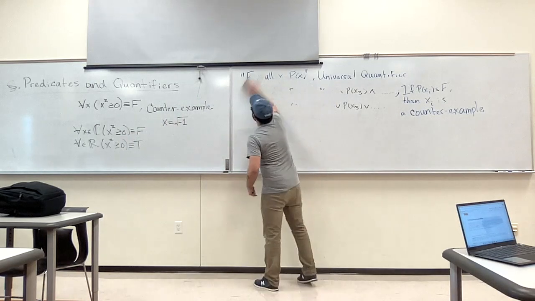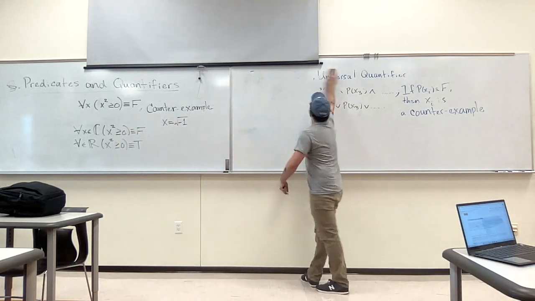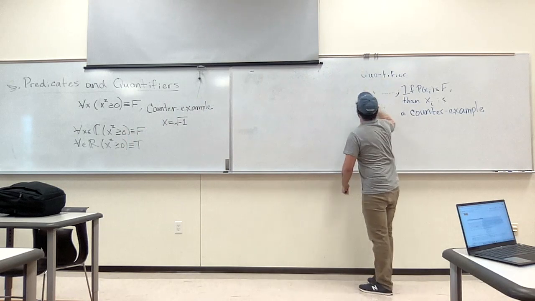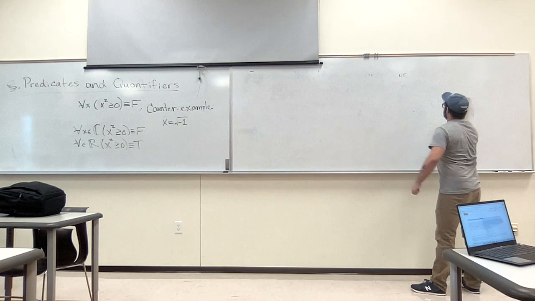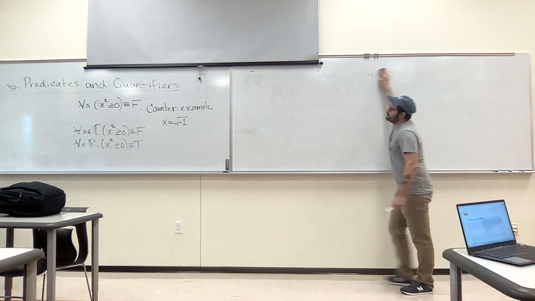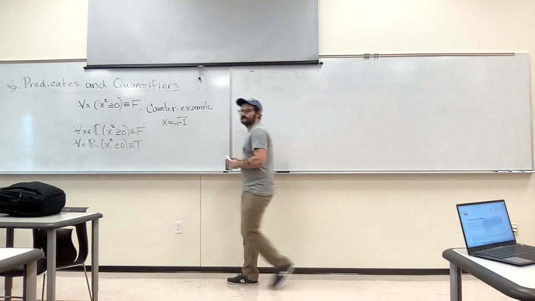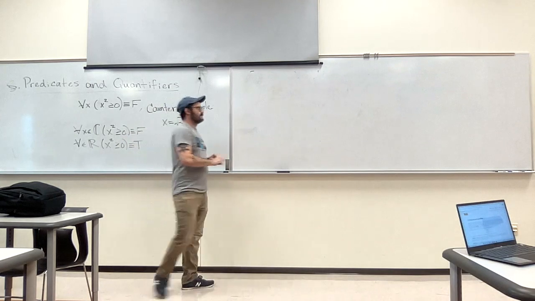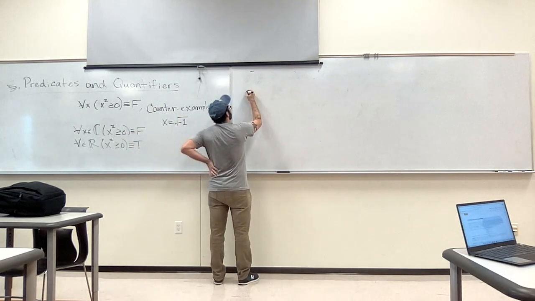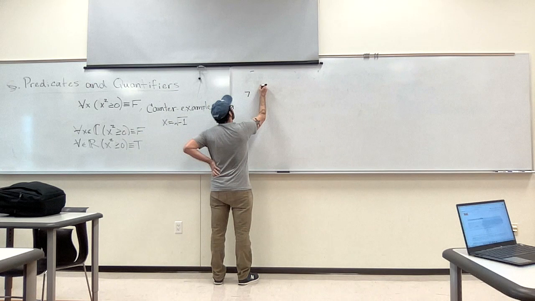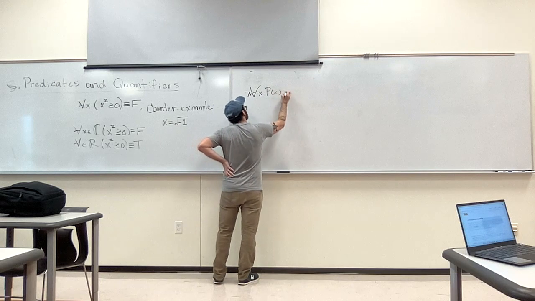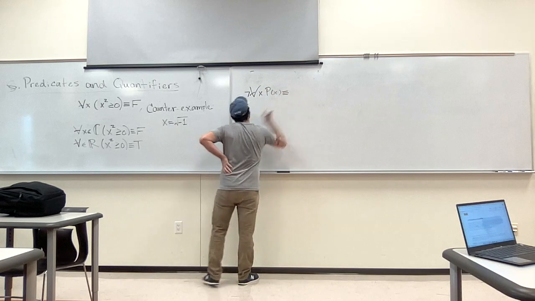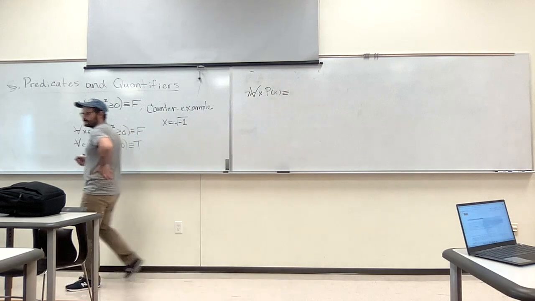So I want to try to pick your brains a little bit and see if some of you can guess what happens when we negate the quantifiers. So if we negate for all x p of x, what do you think that we get?